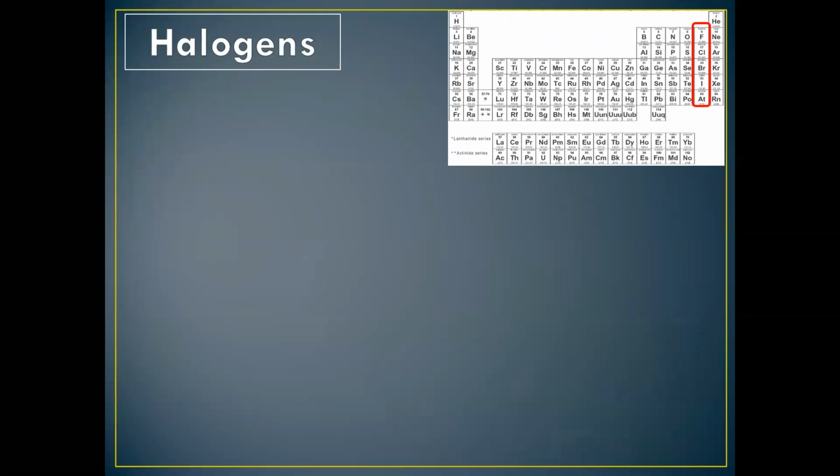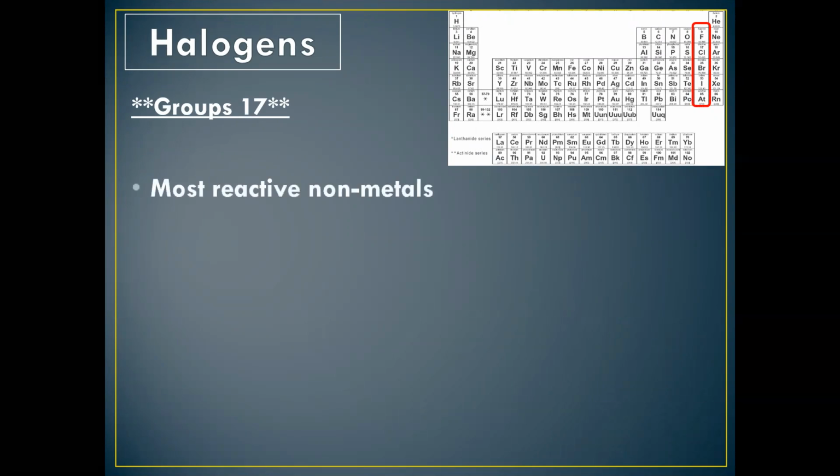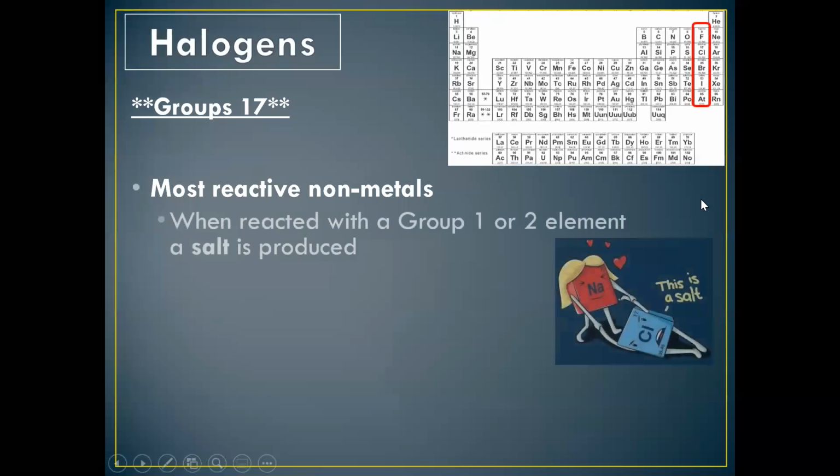Next, we have the halogens. You can see them highlighted up here. This is group 17: fluorine, chlorine, bromine, iodine, and astatine. The halogens are the most reactive nonmetals. So we said that group 1, the alkali metals, are the most reactive metals. The halogens in group 17 are the most reactive nonmetals.